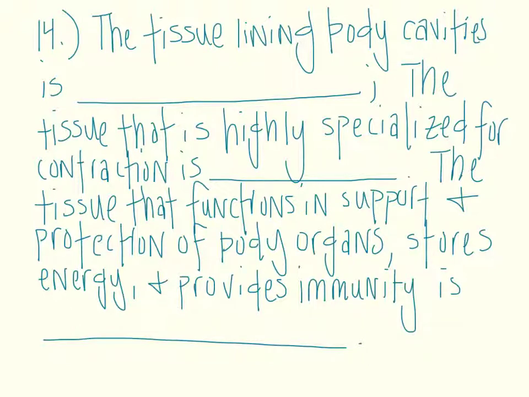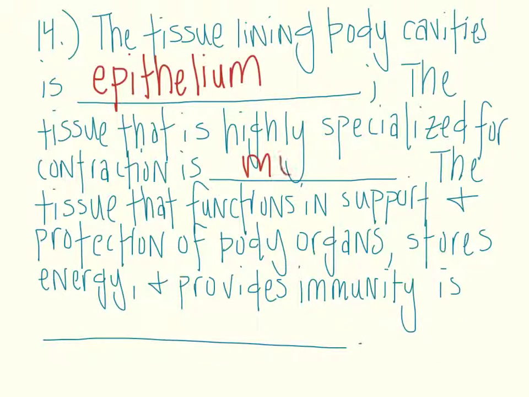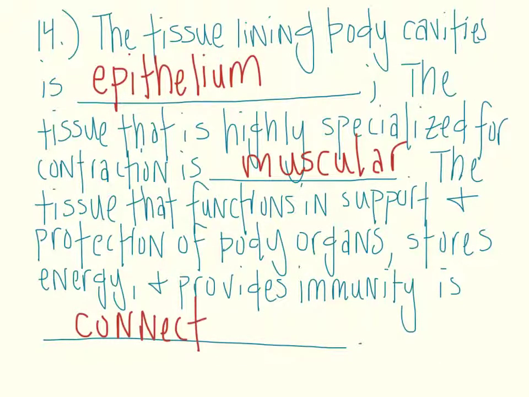The tissue type that lines body cavities, remember, is your epithelium. The type of tissue that's highly specialized for contraction would be muscular. And the tissue that helps support and protect body organs, stores energy, and provides immunity is your connective tissue.